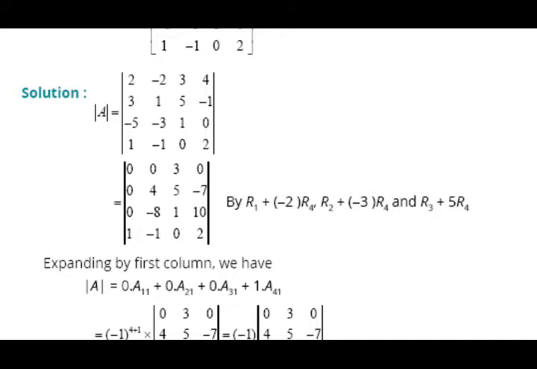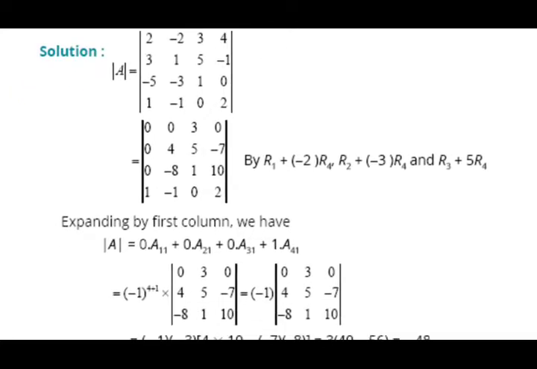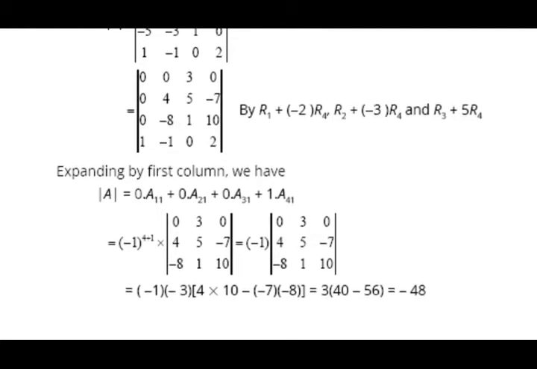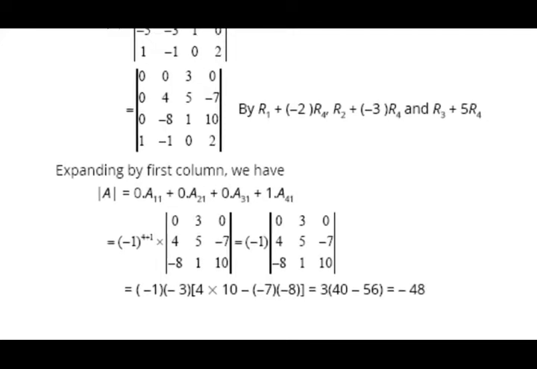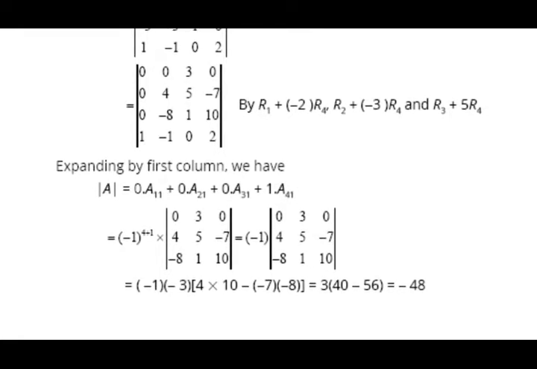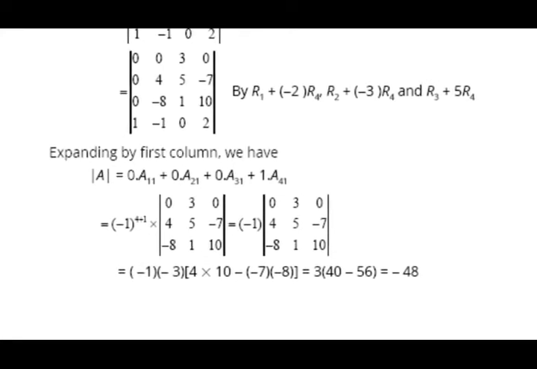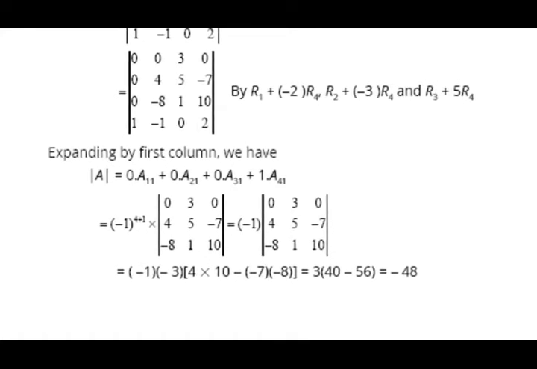So the first three terms are 0, and the last one is with its determinant. For the fourth row, first column, we eliminate the fourth row and first column, and we obtain the values, and then we find its determinant with the process of 3 cross 3, and we get the answer.